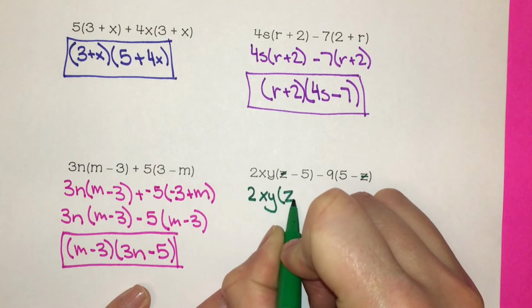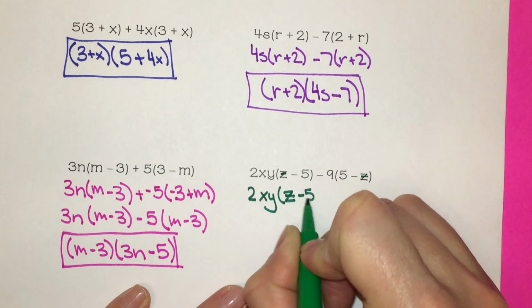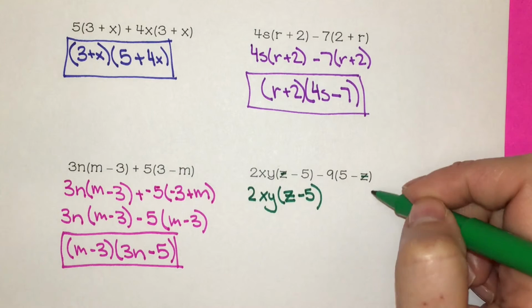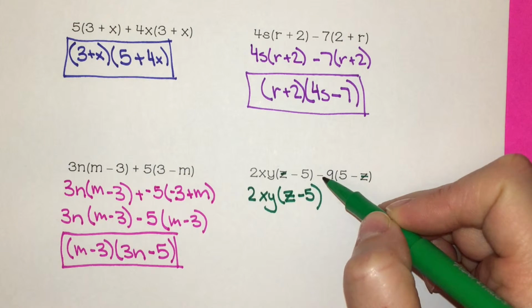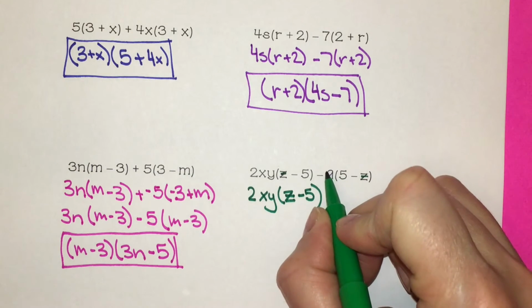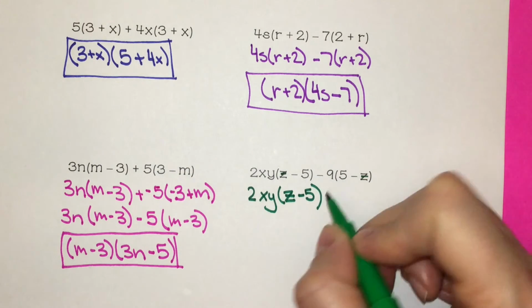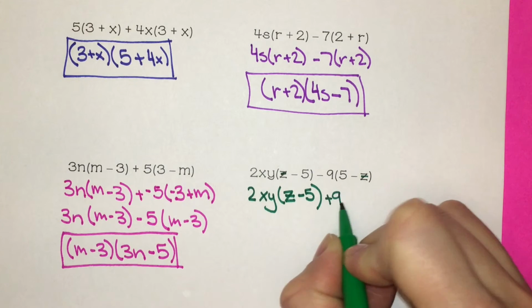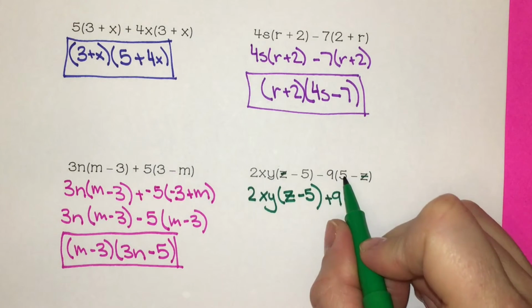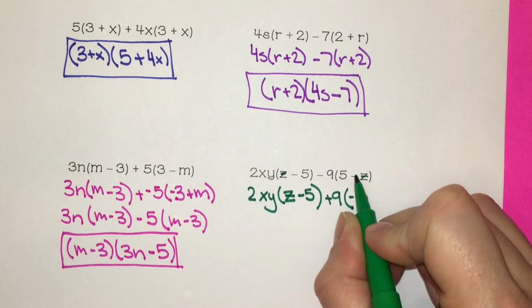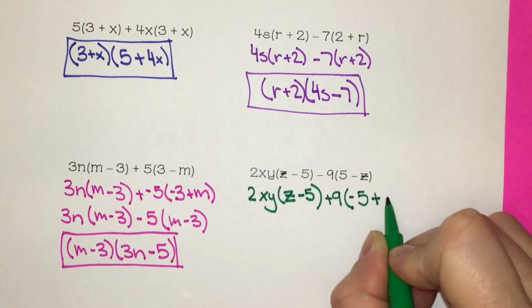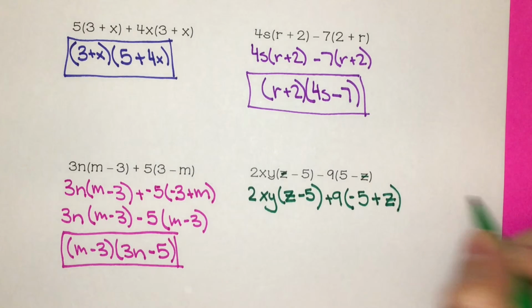All right, so I'm going to leave the first one the same. 2xy times z minus 5. All right, if I factor out a -1, here if I factor out the -1, I have -9 times -1 is +9. 5 divided by -1 is -5. Negative z divided by -1 is positive z.